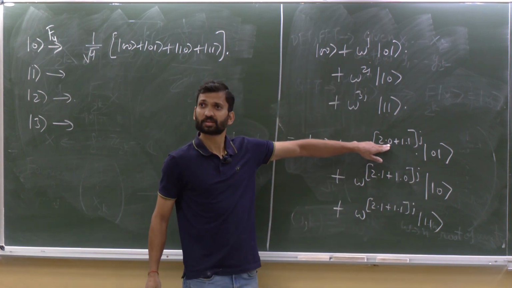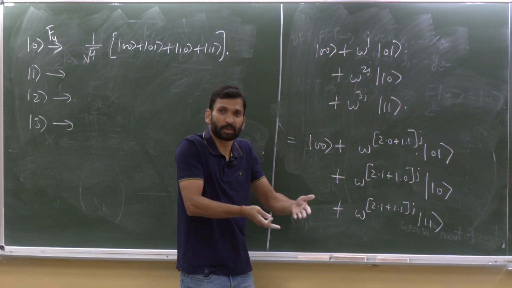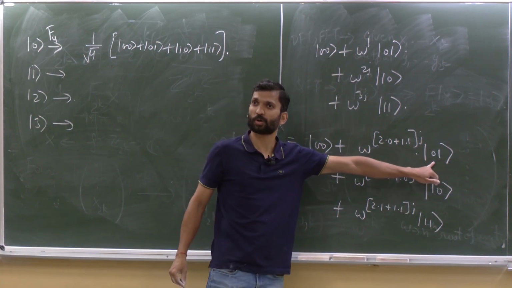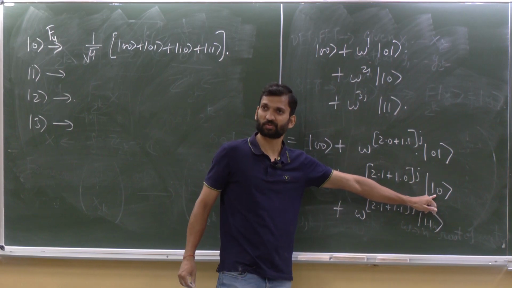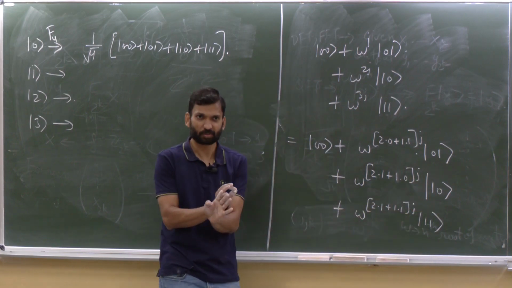What is this? This is the number associated with binary string 0, 1. This is the number associated with binary string 1, 0. This is binary with 1, 1. This is completely fine.